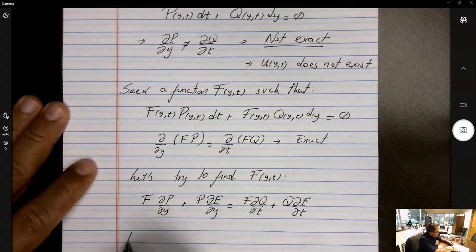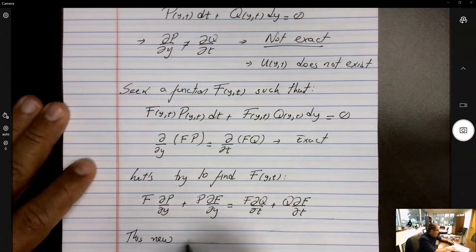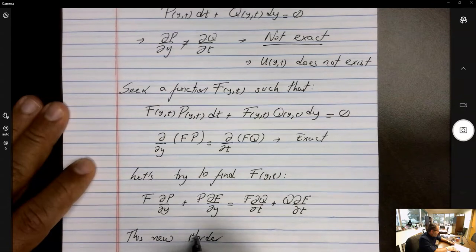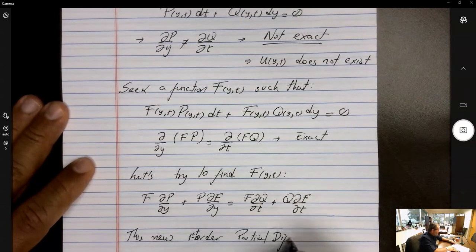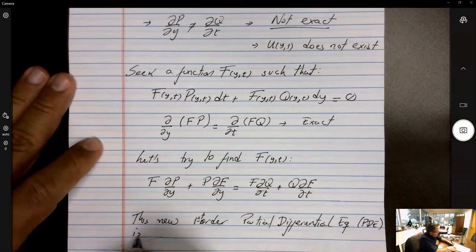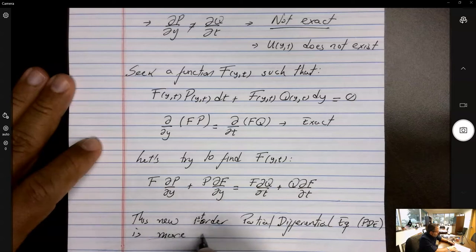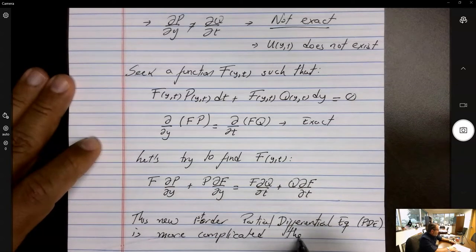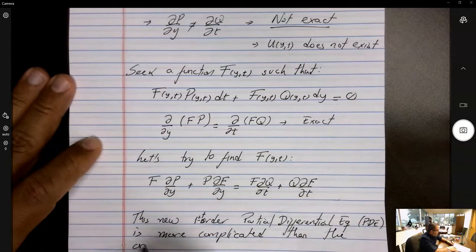So this new first order partial differential equation, PDE, which we don't know how to solve yet, is more complicated than the original ODE.